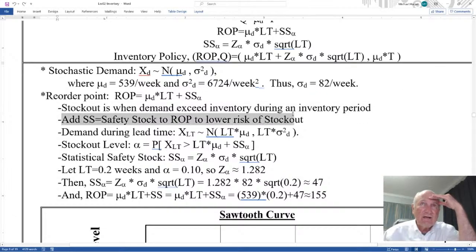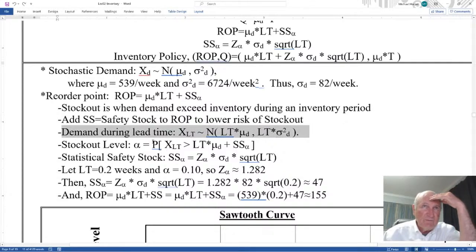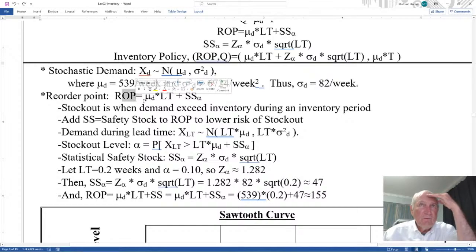So the stock out is when the demand exceeds the inventory during an inventory period. Adding safety stock will lower the risk of stock out. So my demand during lead time is given by that random variable. The probability of having stock out is when the demand during the lead time is greater than the ROP. Well, the ROP is given by that expression, so I'm taking that and putting it down here.